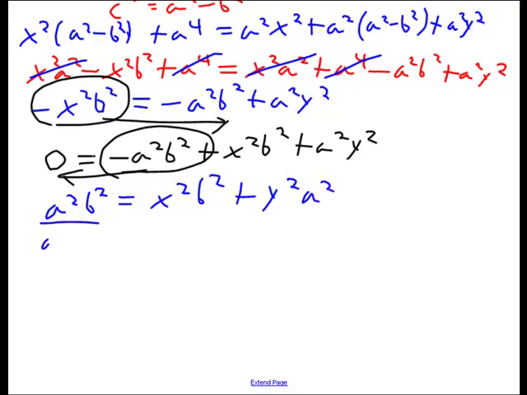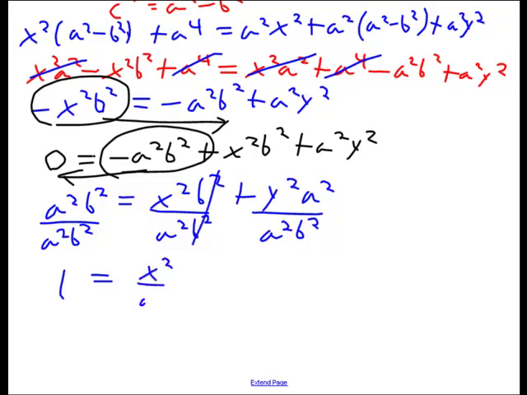If we divide by a squared b squared on both sides, what do we get? Well, on the left side that's simply 1. On the right side our b squareds cancel there and it's x squared over a squared plus, our a squareds cancel there, and it's y squared over b squared, which is our standard form for an ellipse.